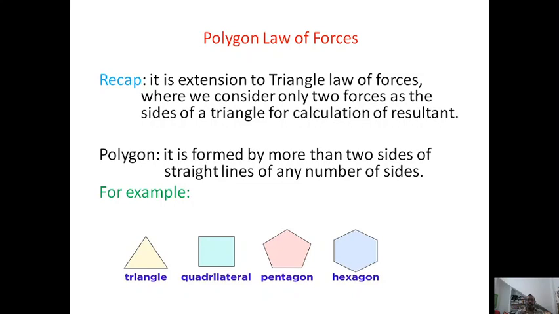In a similar manner, in the Polygon Law of forces also, we make them as sides of a polygon. What is a polygon? It is formed by more than two sides of straight lines, of any number of sides. Minimum it has more than two sides. We term it a polygon.